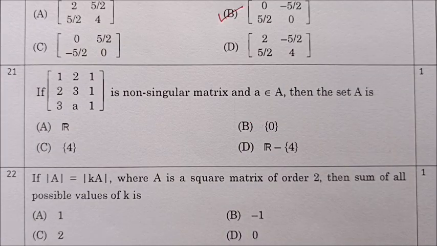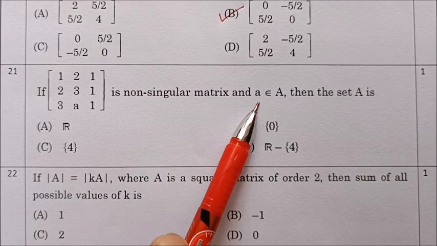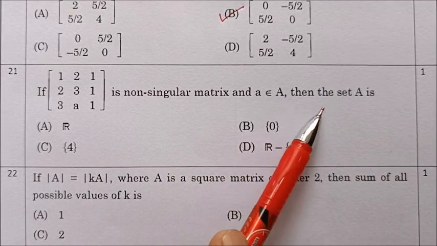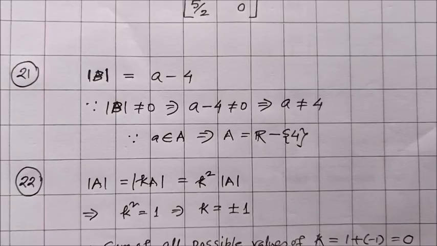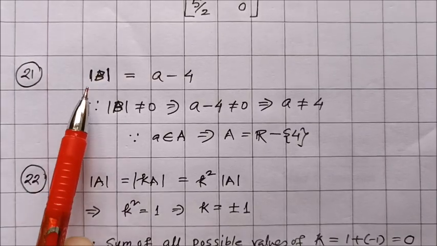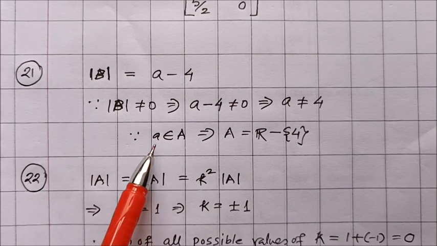Question number 21. If this matrix is non-singular matrix and small a belongs to capital A, then the set A is out of this 4 option. What I have done, I have taken the matrix as B because capital A is used as a set of small a.